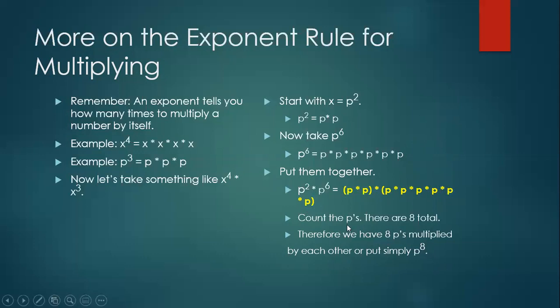Now, I want you to think about this in the simplest way possible. And this is a very important concept. We had to get this idea across in our heads. This p to the 2 tells me that there are essentially 2 p's, even though I only see one pictured.